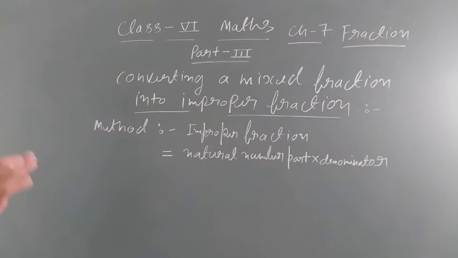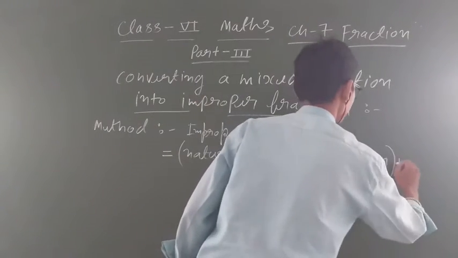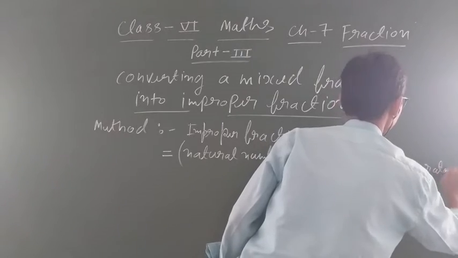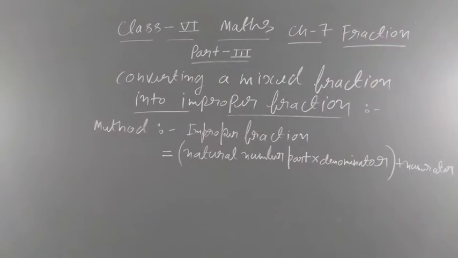First we will see the natural part, then we will multiply it by the denominator, then plus the numerator. So natural number part into denominator plus numerator.